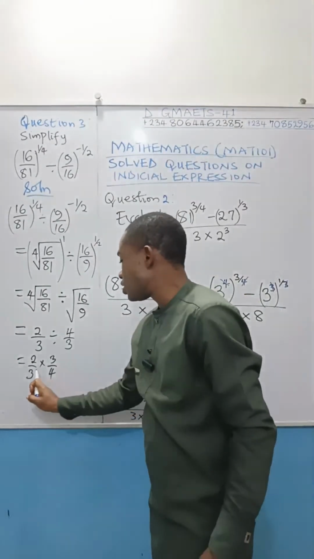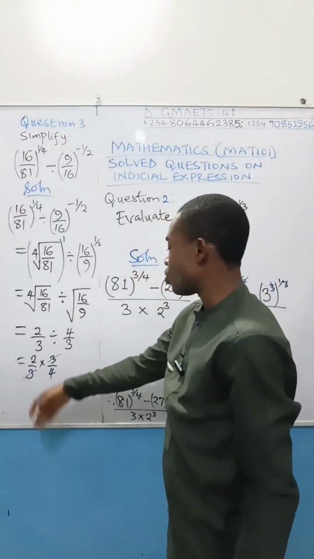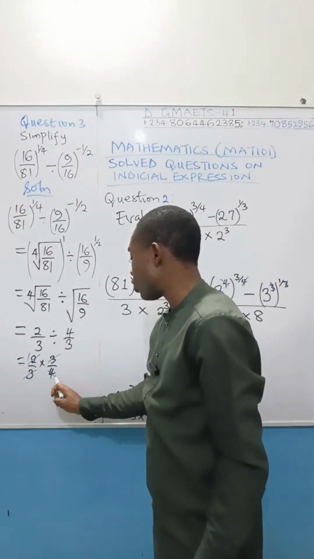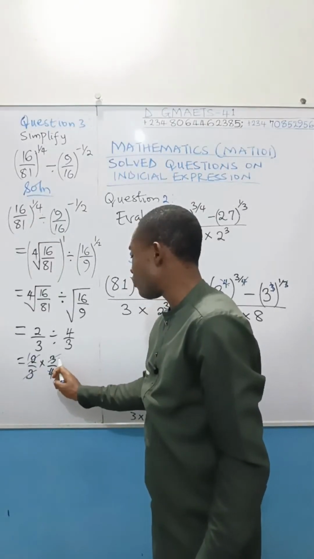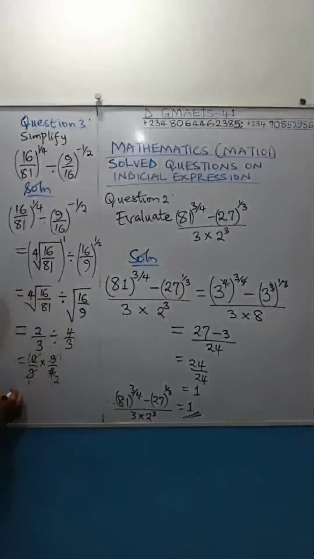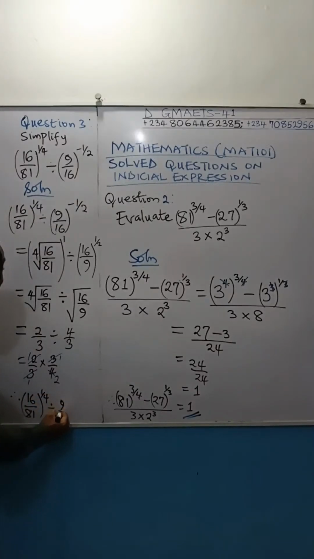Let's go. These 3 would divide this 3, you get 1, 1. Then this 2 will divide itself, you get 1. 2 will divide this 4, you get 2. 3 divide 3, you get 1. We can now conclude, therefore, the question given to us, 16 all over 81 to the power of 1 over 4 divided by 9 over 16 raised to the power of, is it half or minus half?